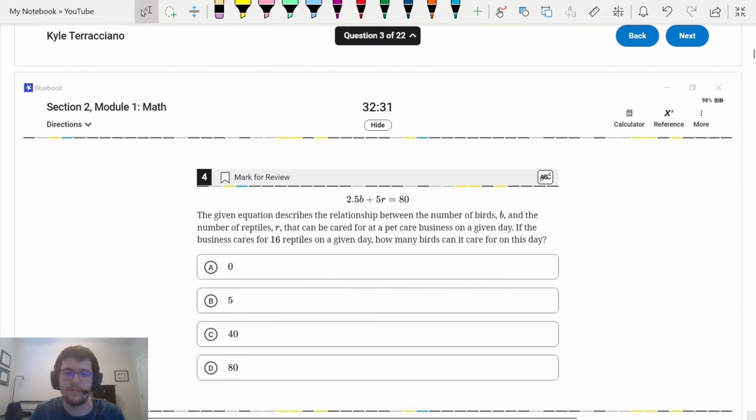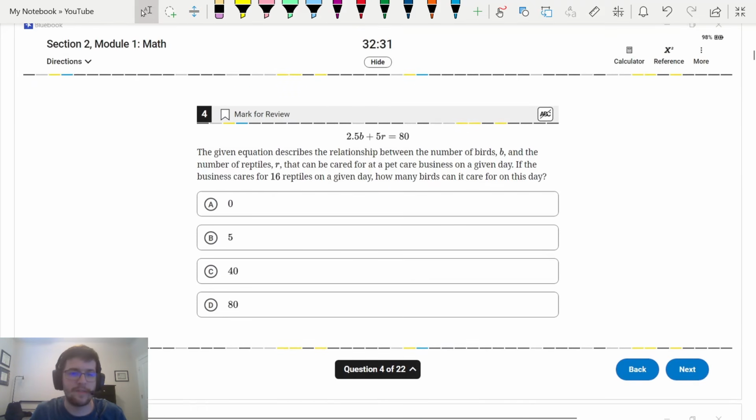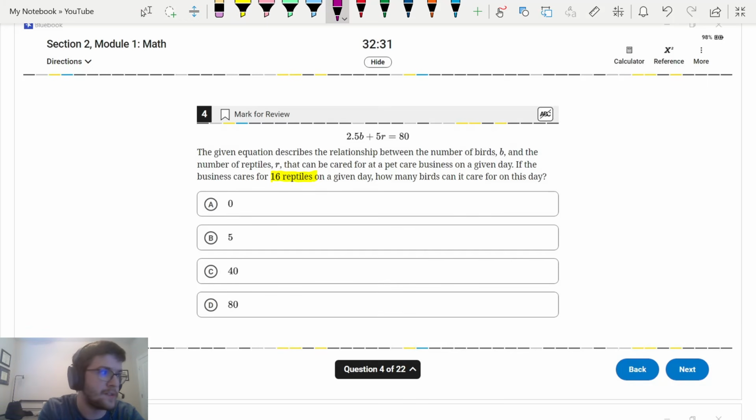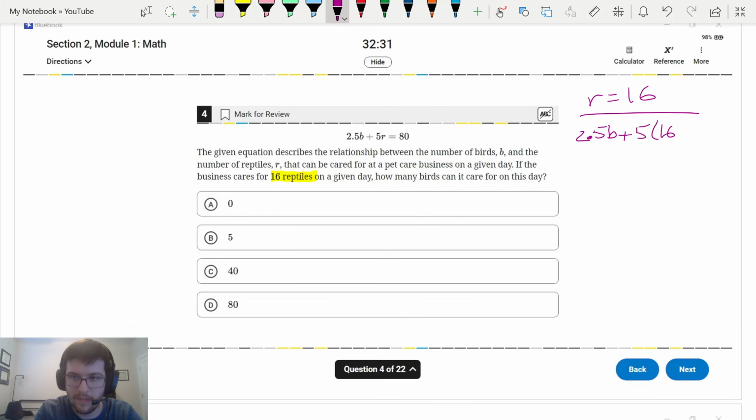All right, next question. So for this one, we got an equation, and R is the number of reptiles, and they tell us there's 16 reptiles. So that means R is 16. So we're going to plug 16 into the equation for R. Again, you can use the calculator to help you. 5 times 16 is 80.